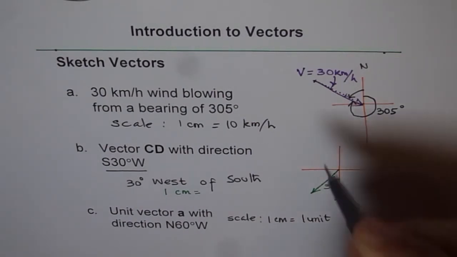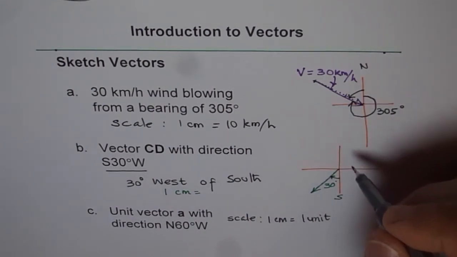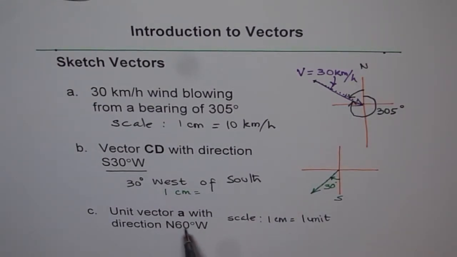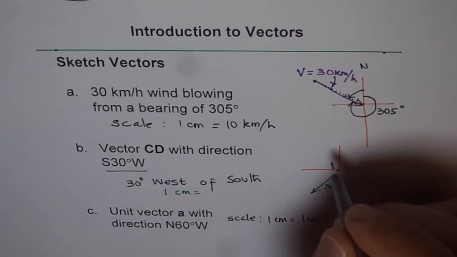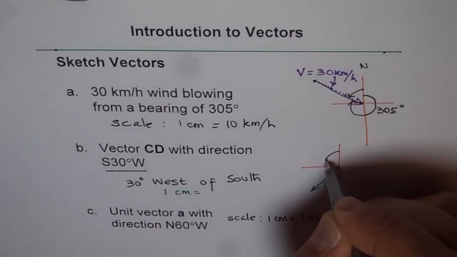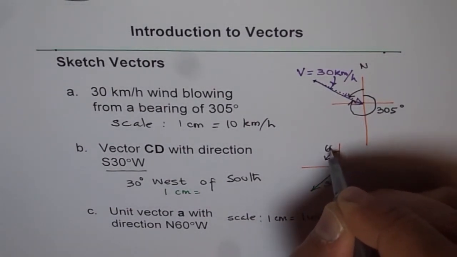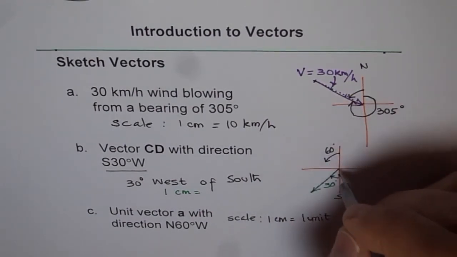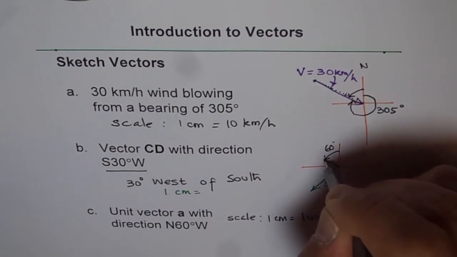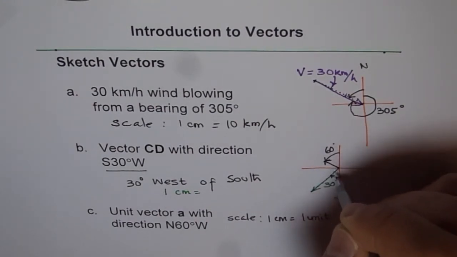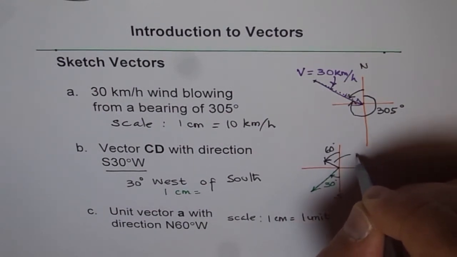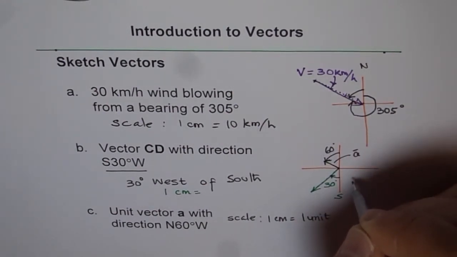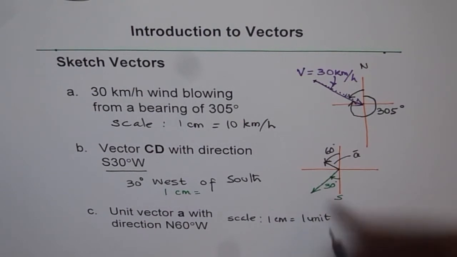So let me utilize this graph itself and we say 60 degrees, it is from north, right, towards west. That's what it means. So from north, we'll see this is 60 degrees for us, and therefore we will have a unit vector. And as I said, this is my 1 centimeter. So this is my vector A, correct? So that is how we are going to do.